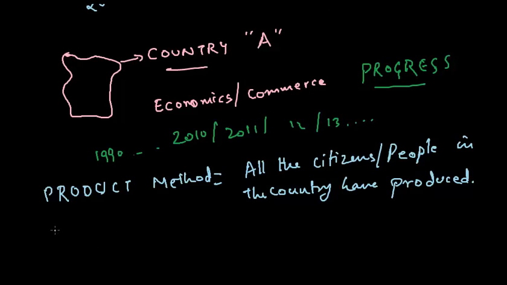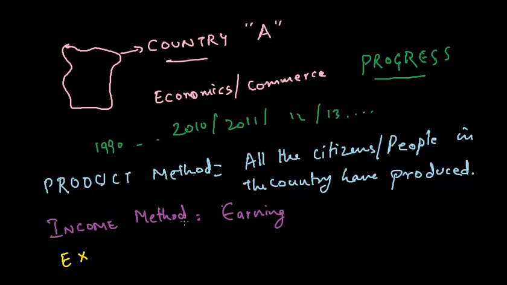The other could be the income method. That is, country A can check by the income method how much all the people or citizens are earning from the services or something they are producing. And in the third way, they can also check via the expenditure method.